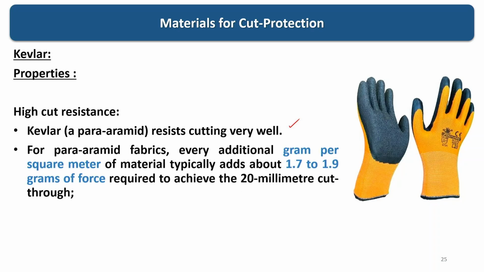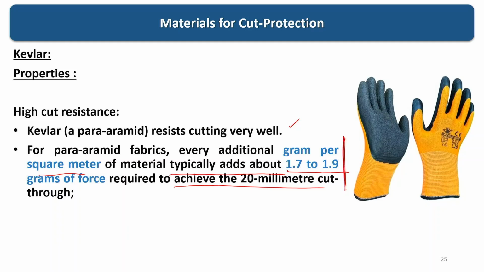For para-aramid fabrics, every additional gram per square meter of material typically adds 1.7 to 1.9 grams force required to achieve 20 millimeter cut through.